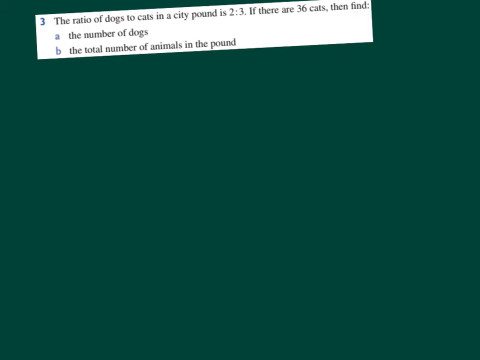Okay, question 3 and the remainder of the questions in this worksheet ask us to figure out using what we've got. So the ratio of dogs to cats in a city pound is 2 to 3. And if there are 36 cats, then we need to find the number of dogs.